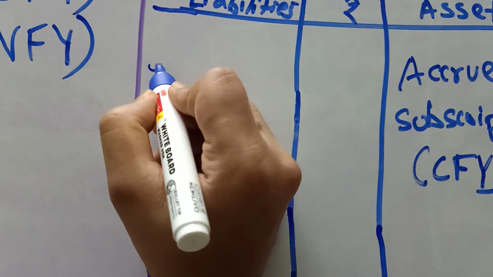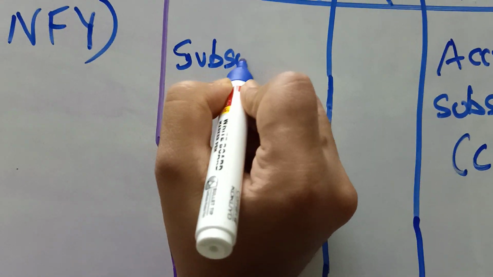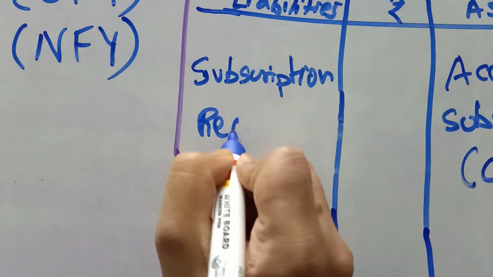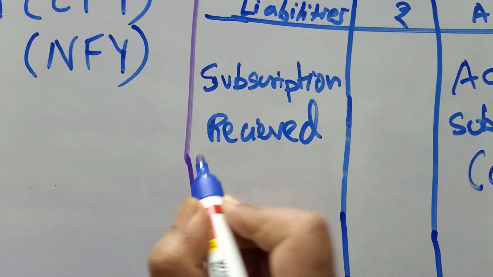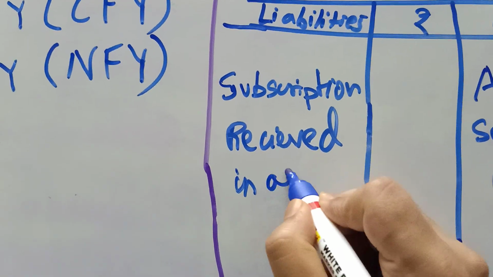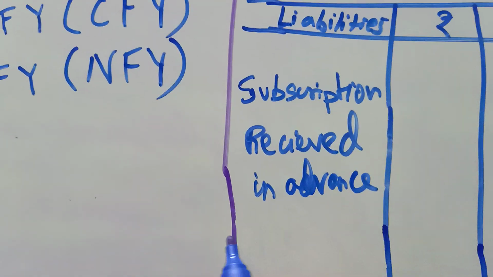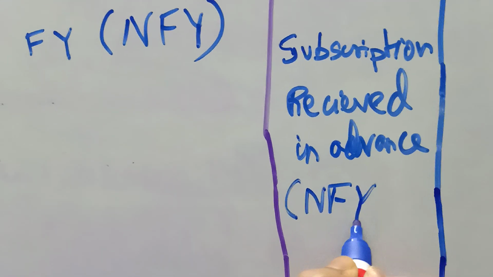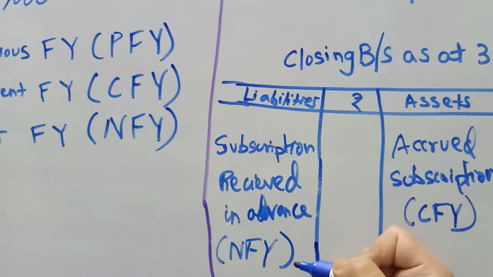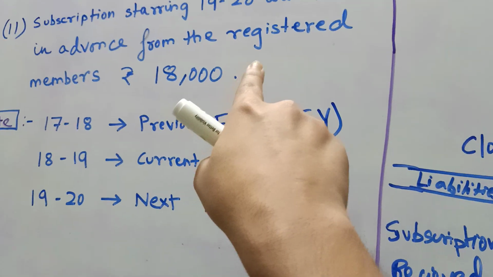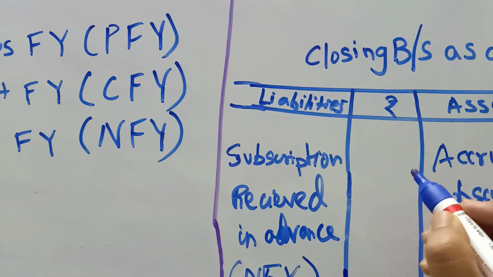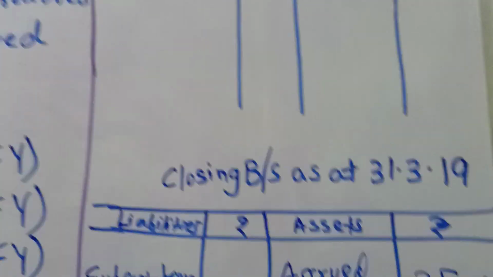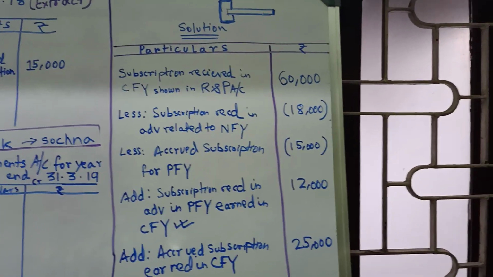So we write here subscription received in advance for next financial year, and we write over here this 18,000 to be represented or disclosed over here. And finally we are done with the solution of this problem.